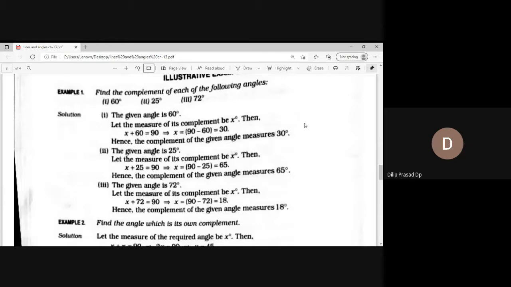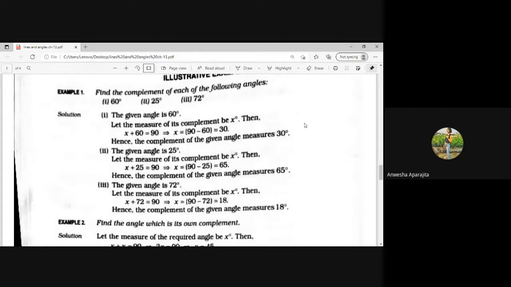So can you see? Yes, sir. So the first number we discussed yesterday, how to find the complement angle.